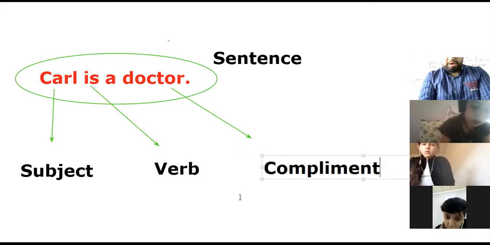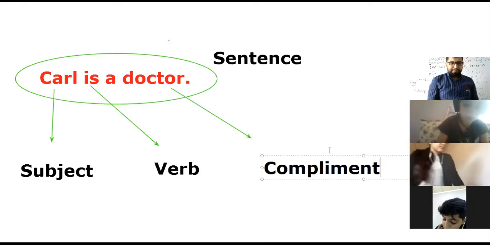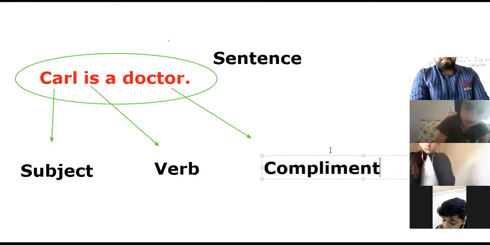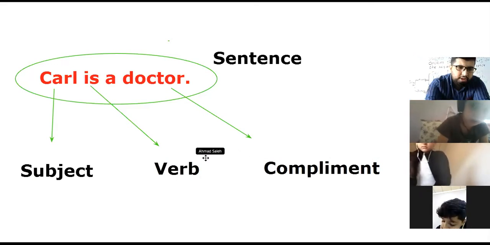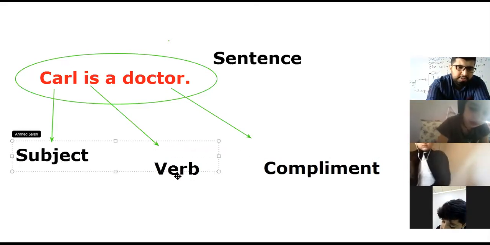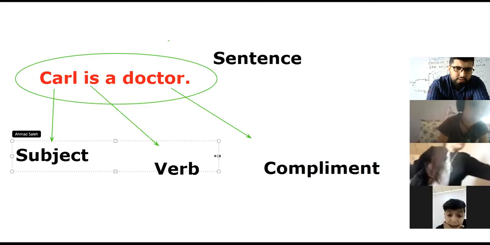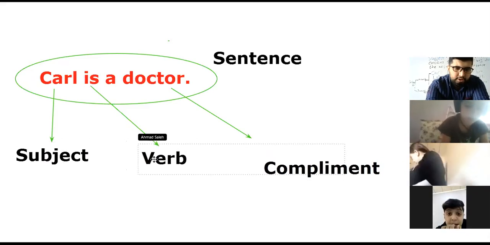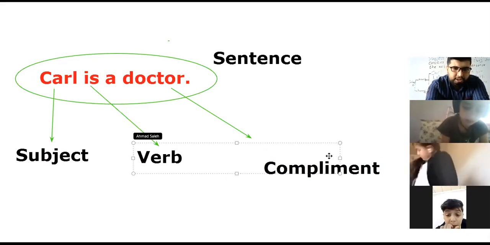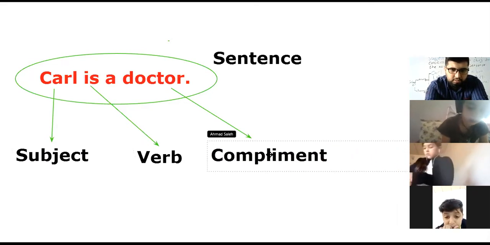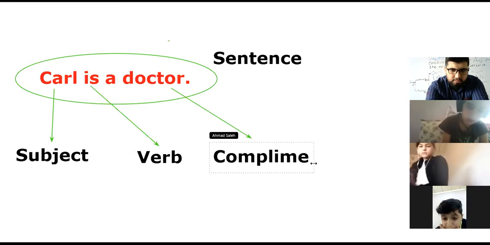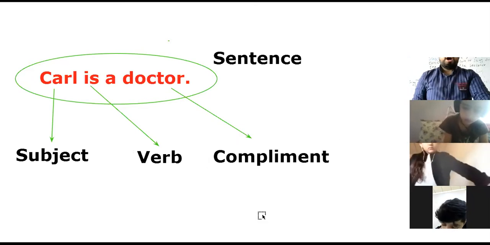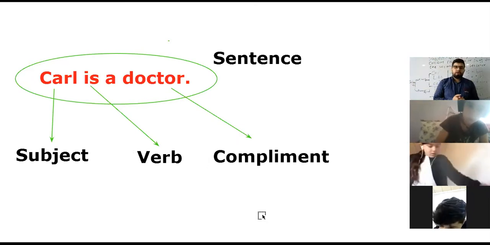Write these on your notebook. Write them. Complement. Carl is a doctor. Carl is a subject. Is is a verb. And doctor is complement.